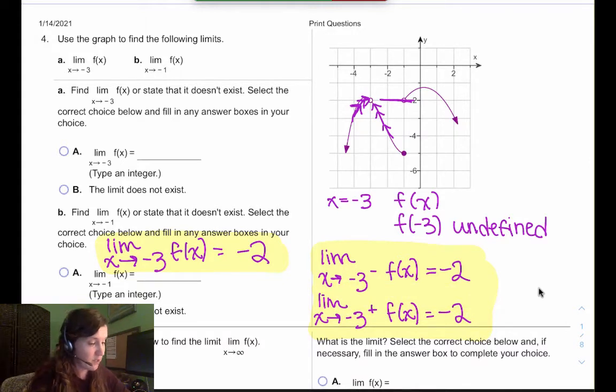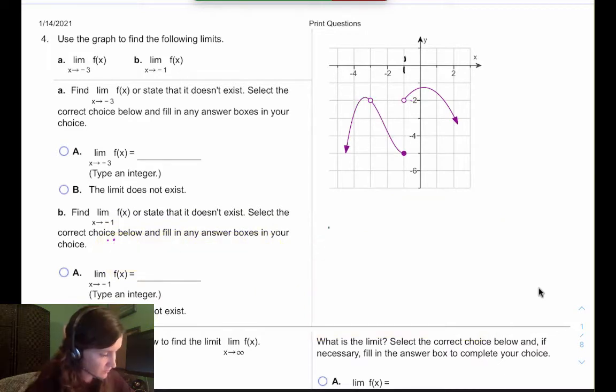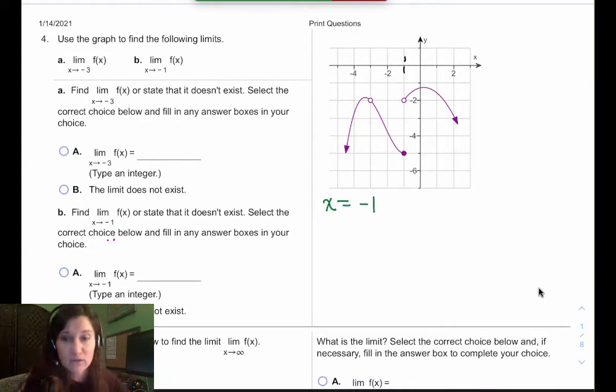Okay, now let's go ahead and do the same thing for x equals -1 on this graph. So I'm actually going to go ahead and erase all this. Now let's look at x equals -1. First let's try to figure out f of -1. If we just plug in -1, what would be our y value?